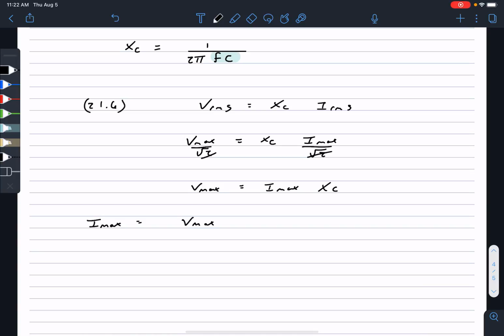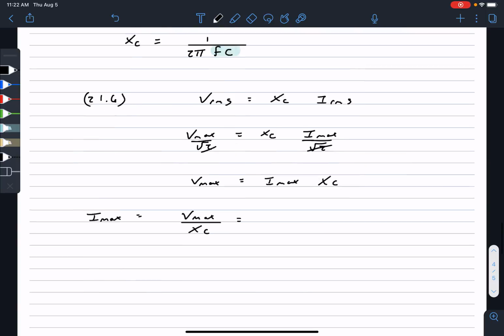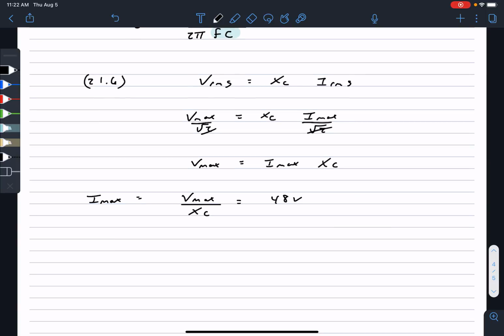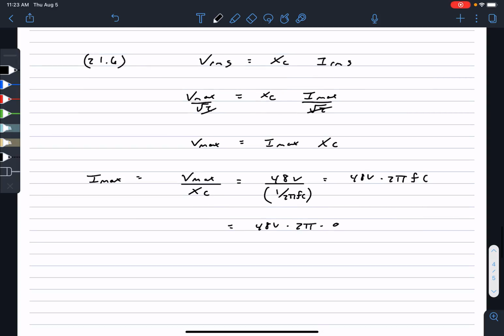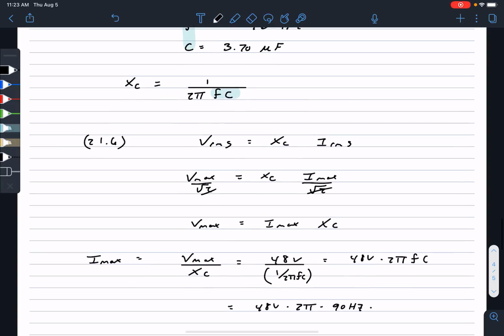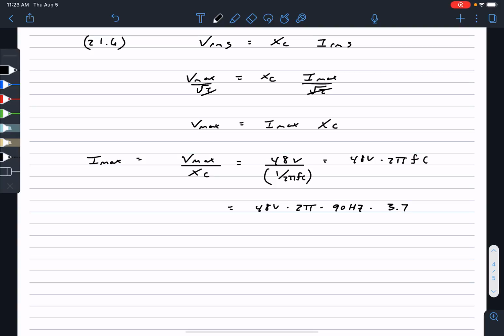V max over XC, which is, what was it, 48 volts over 1 over 2 pi f C, which gives you 48 volts times 2 pi f C, which is going to give us 48 volts times 2 pi times 90 hertz times, what was it, capacitance of 3.7 microfarads.